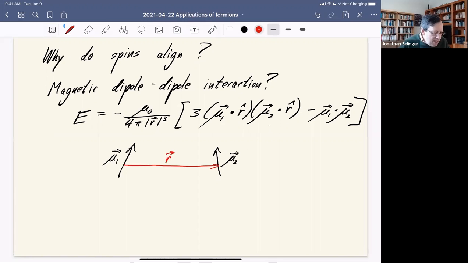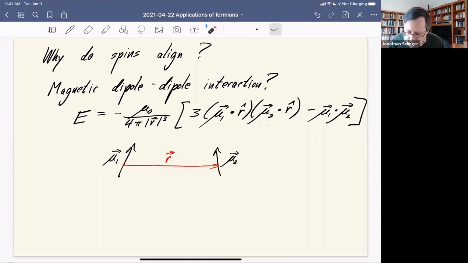And the interaction energy depends on each of these vectors, the dipole vector, but it also depends on the vector between them. And so partly it depends on the vector between them through this 1 over r cubed dependence, but also the interaction depends on the relative orientations of all 3 of these things, mu1 and r and mu2.